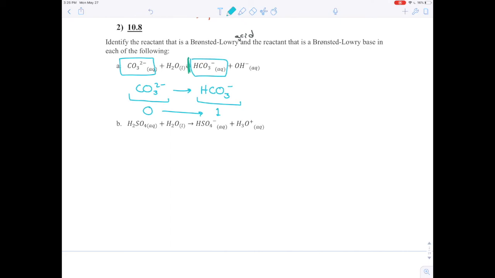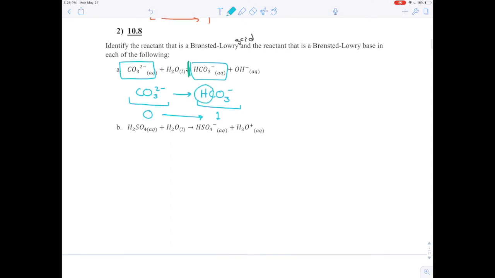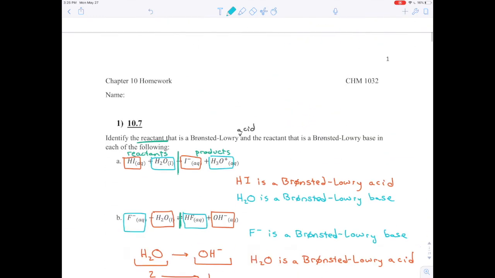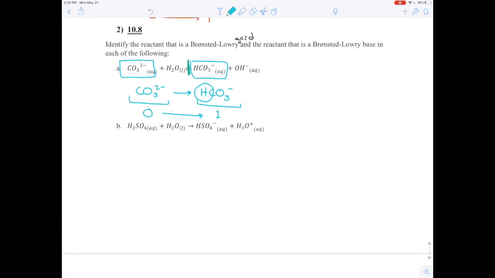It therefore must have gained or accepted an H plus. And a molecule that accepts an H plus is a Bronsted-Lowry base. So you would write CO3 2- is a Bronsted-Lowry base.